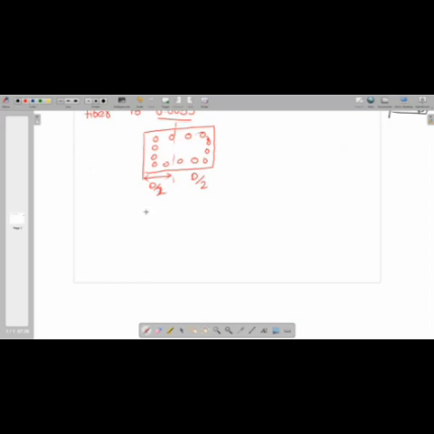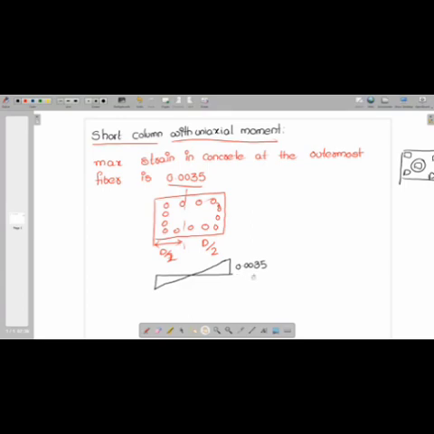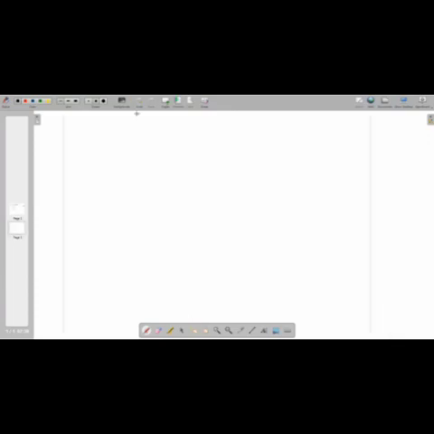The strain distribution will always be linear, somewhere like this. In the uniaxial moment case, this is how the strain distribution will look, with 0.003. Students, please remember the strain here also varies linearly and the maximum strain is 0.0035. This can be an objective question in your exam.